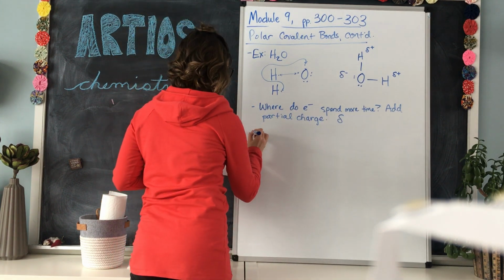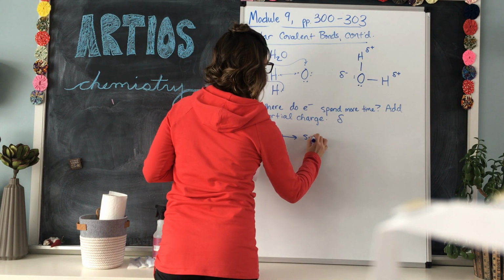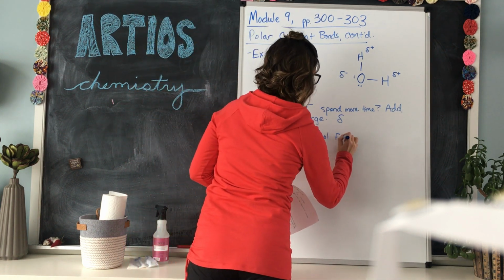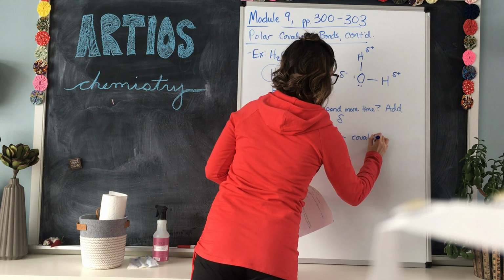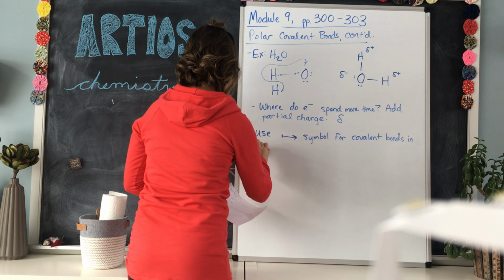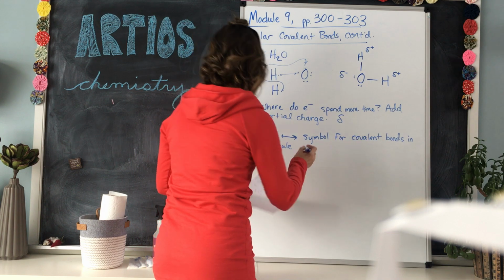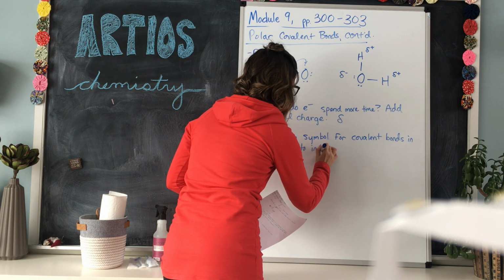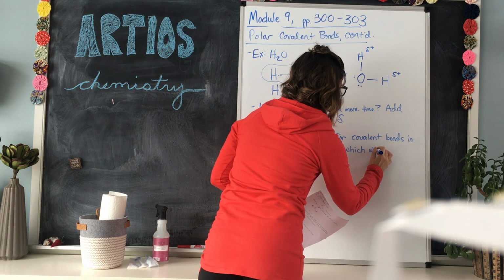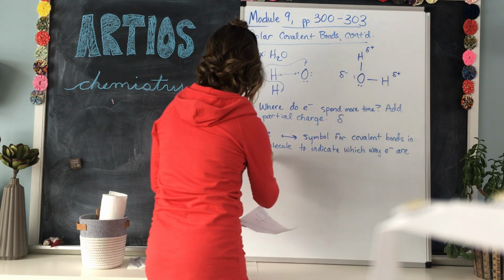Now we're going to use a new symbol. Use this symbol, an arrow with a little plus sign at one end, for covalent bonds in a molecule to indicate which way electrons are pulled.